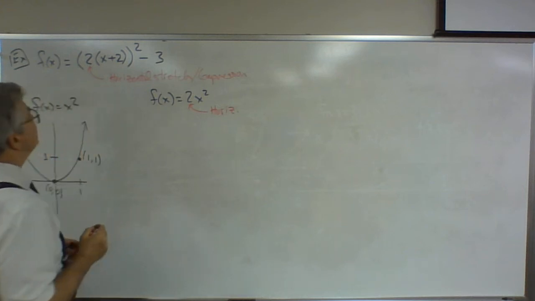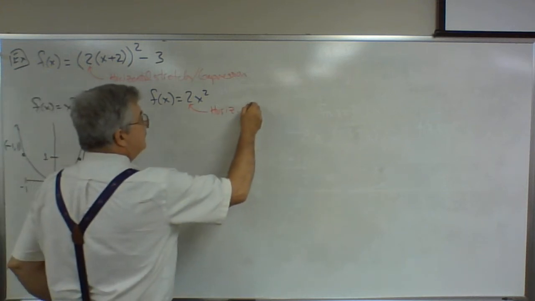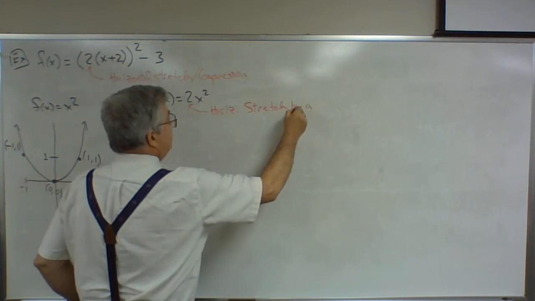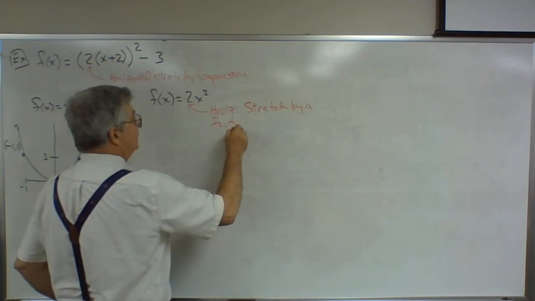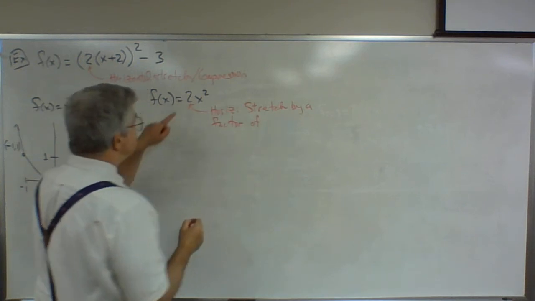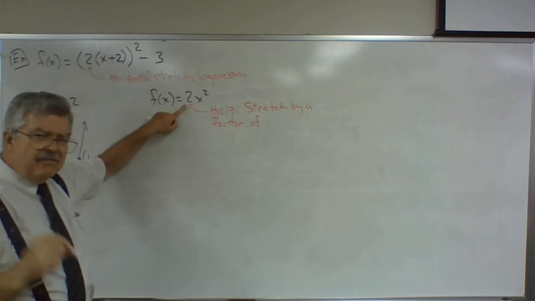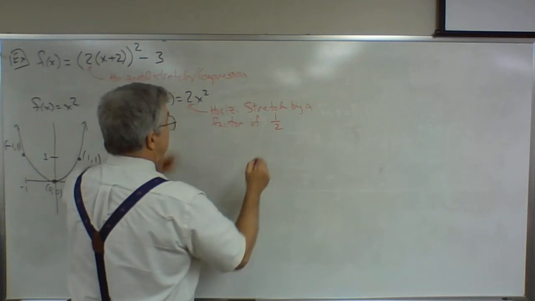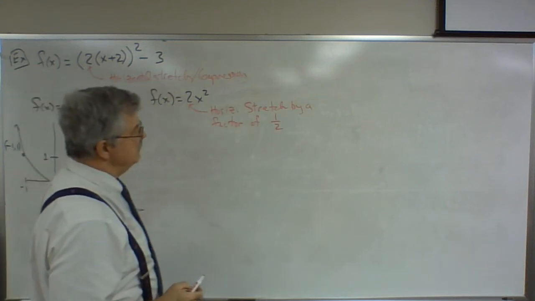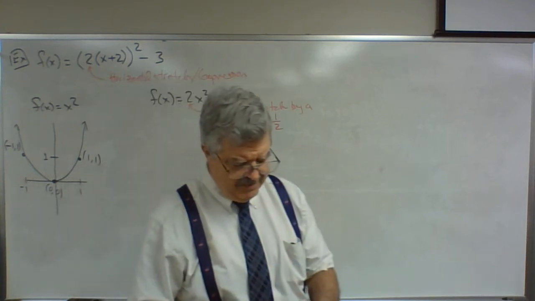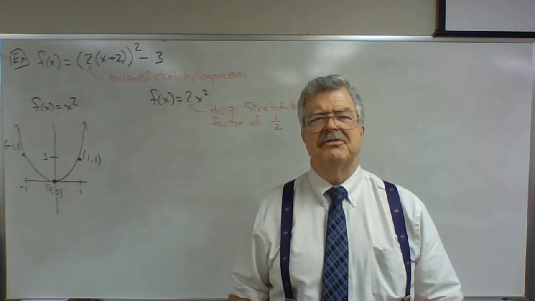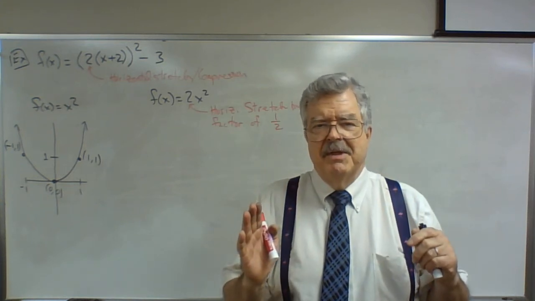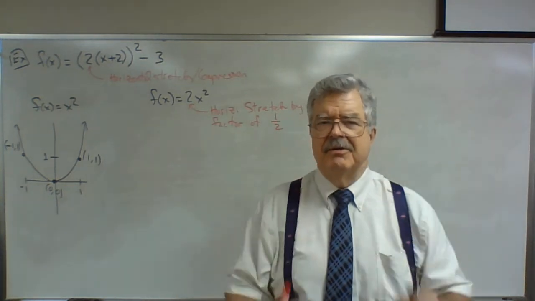Horizontal stretch by a factor of 1 over whatever this thing is. So it's going to be a stretch by a factor of 1/2. In other words, it's not really going to stretch it at all. It's going to compress it. Everything is going to be only half of its original distance from the origin.